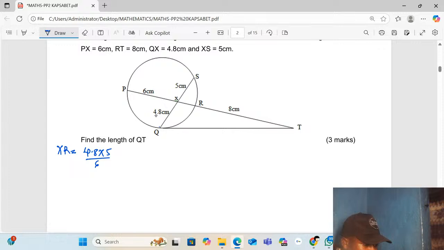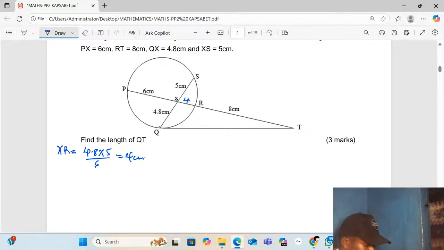We know that 4.8 times 5 is the same as 6 times XR. So to find XR, we take 4.8 times 5, divide by 6, and our XR becomes 4 centimeters.